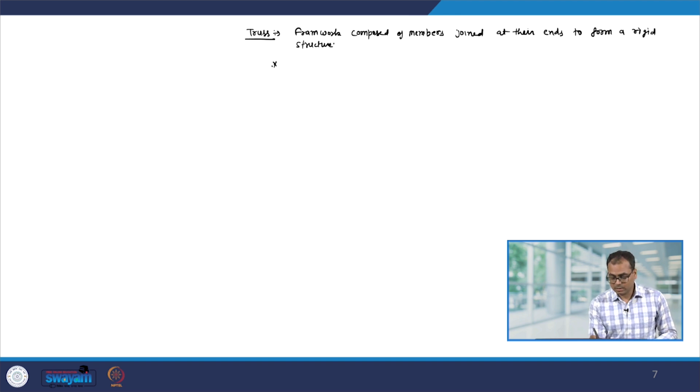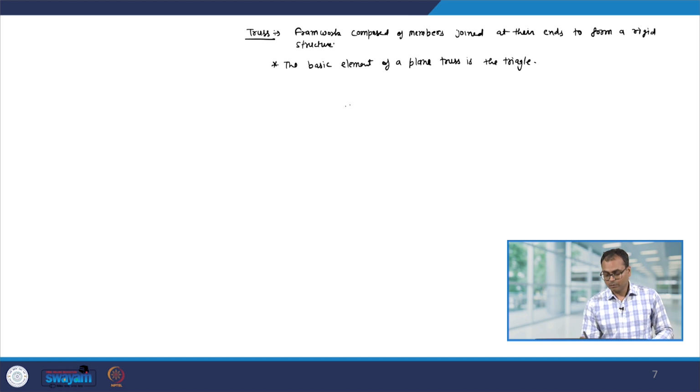And the basic element of a plain truss is the triangle. Okay. So, if you want to make a truss, you have to use 3 members which are joined together, and then you can extend this to make bigger truss.